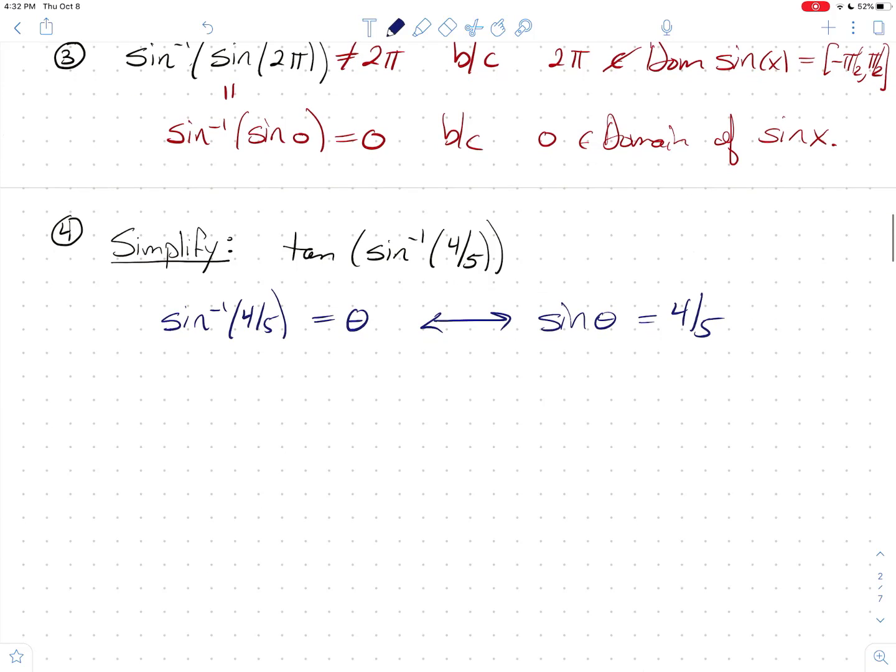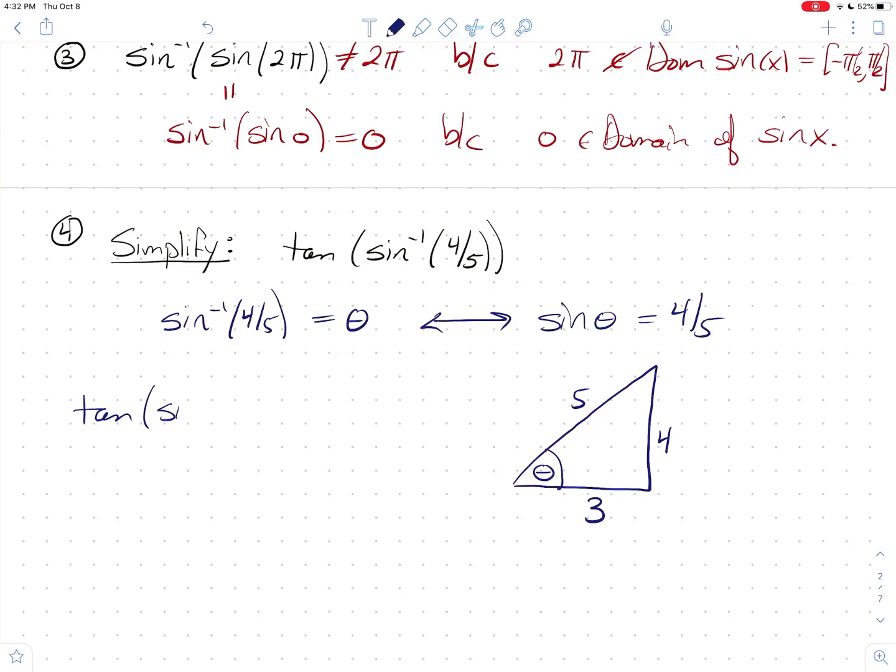And now I need you to realize anytime you have a trig function of an angle equal to something like this, you can always draw an associated triangle. So draw your triangle. There's theta. Sine is opposite over hypotenuse. And so you can use the Pythagorean theorem to fill in this side, and you get 3. And now you say, wait a minute.